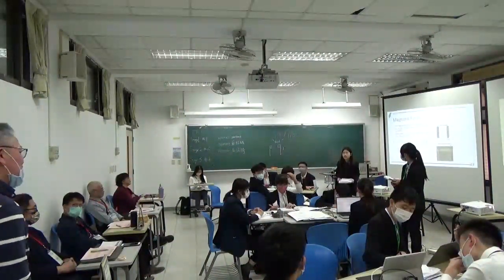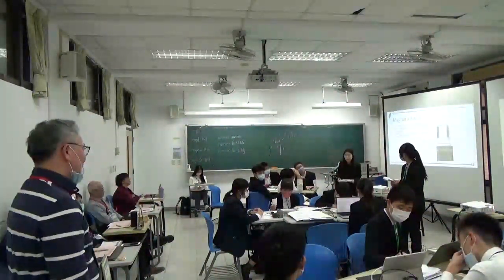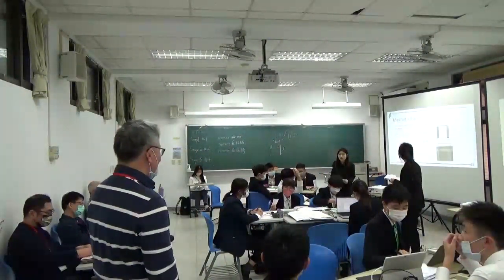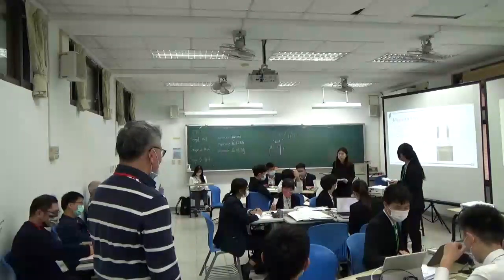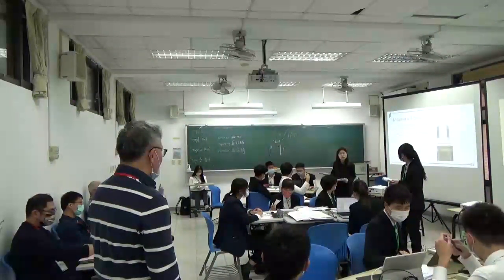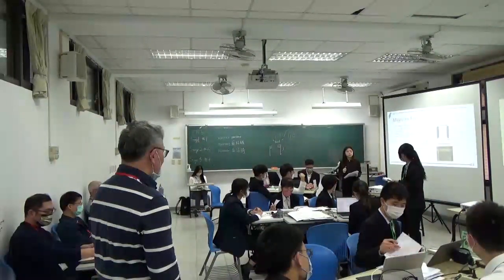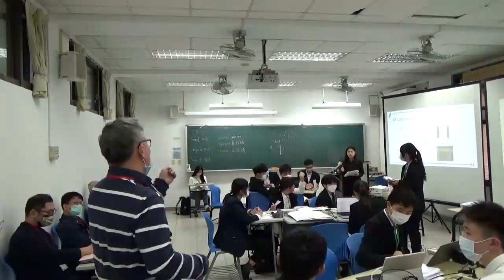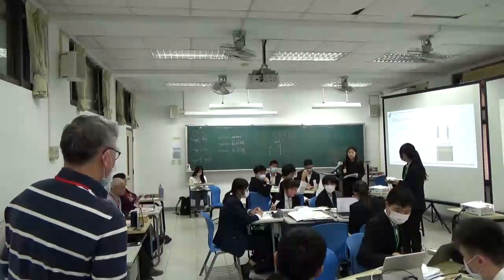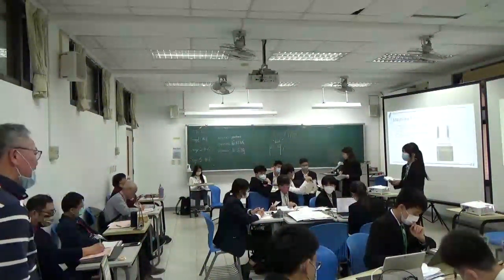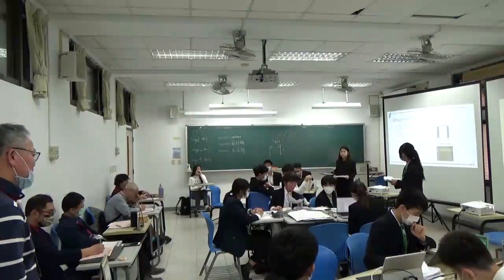You mean the damping will be smaller? The damping will be smaller, the damping motion. Actually, your vibration will die out eventually, right? Yeah, the vibration. So the amplitude would decrease.